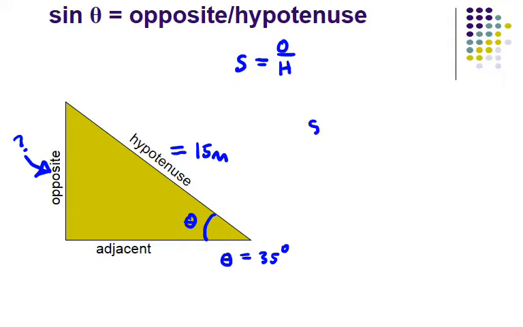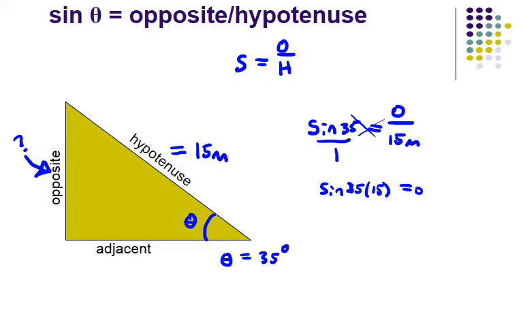So the way we set that up is we do the sine of 35 equals the opposite side, which is what we want, over the hypotenuse, which is 15 meters. And then we can cross multiply, so sine of 35 times 15 equals the opposite side. And so we do that in our calculator.